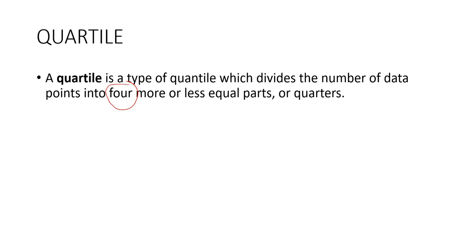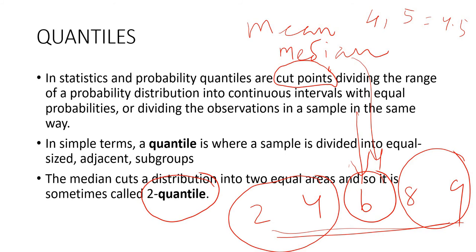So the difference between quantile and quartile is simple. Quantiles are cut points that divide the sample into equal sized subgroups. It can be any number. A quantile divides the data points into subgroups.